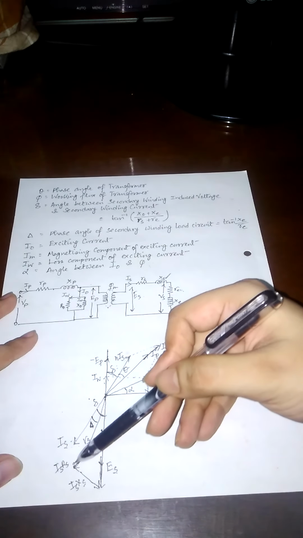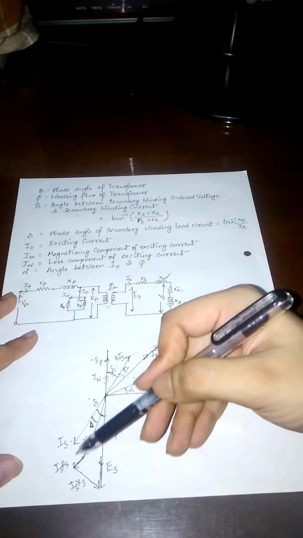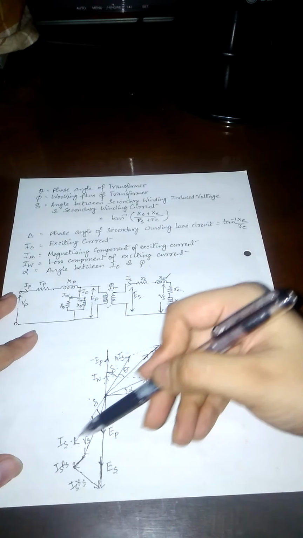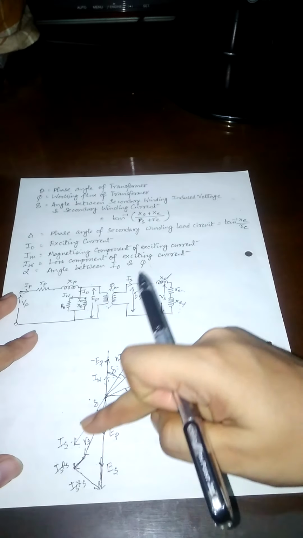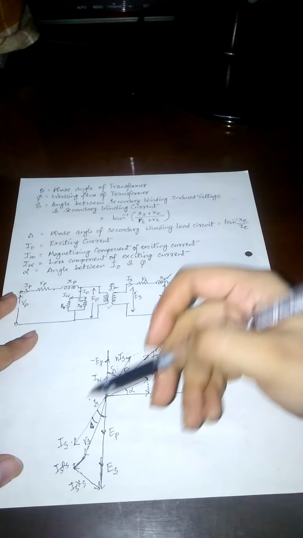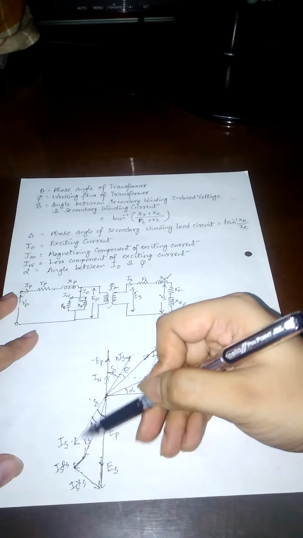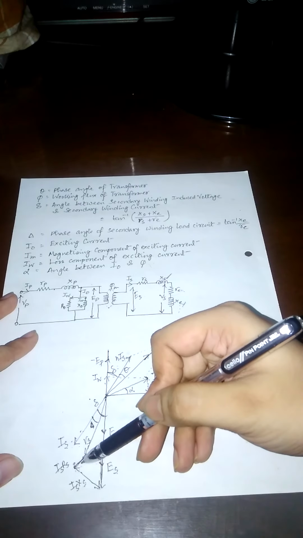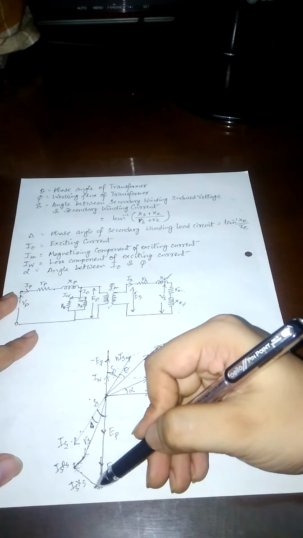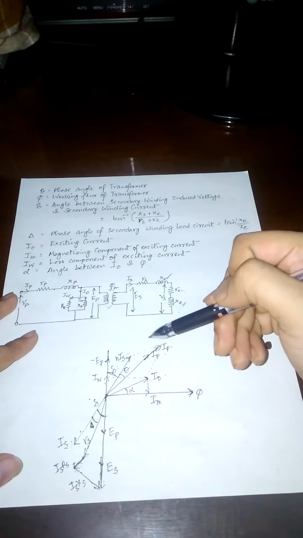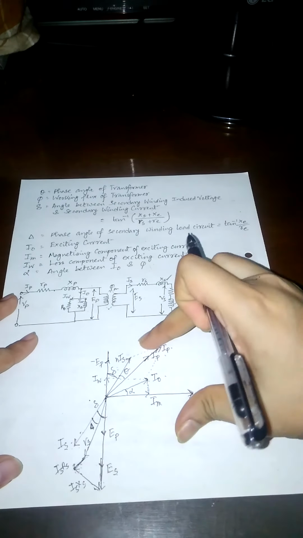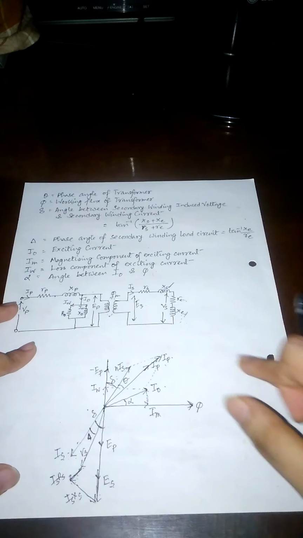So Vs plus IsRs plus IsXs, and obviously Is and IsRs are in the same phase, the same phasor. So that is Is, this is IsRs here, and that is IsXs, this is Es. So this is the total phasor diagram of the current transformer.